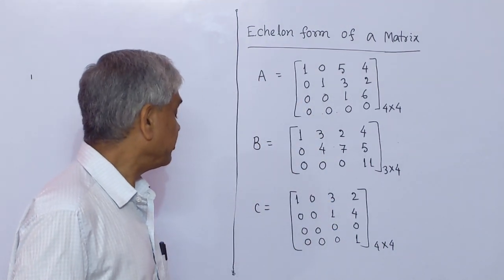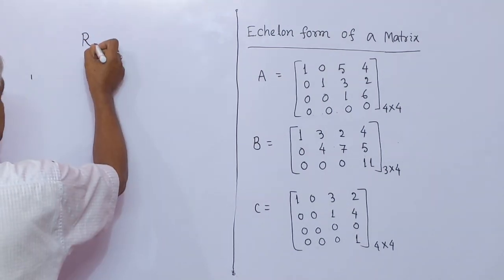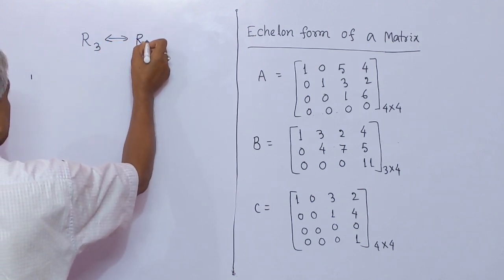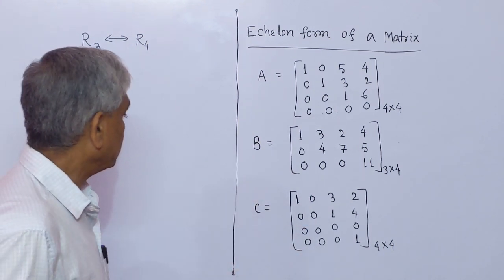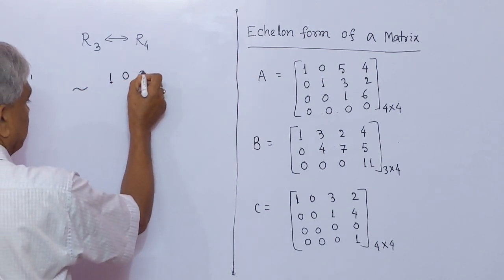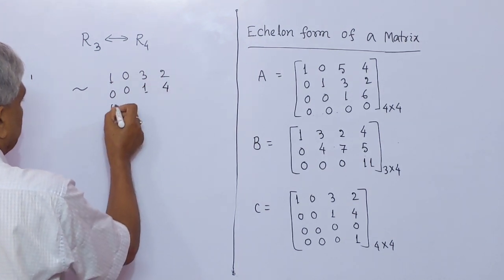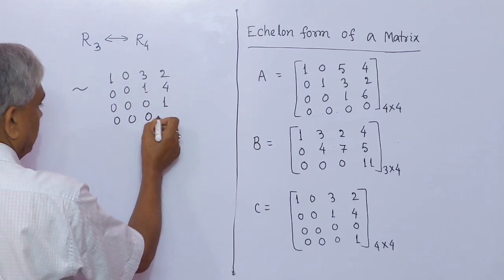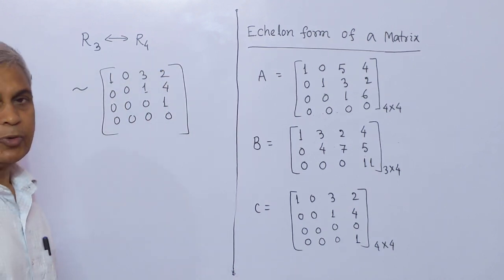To make it echelon form, we need to use the elementary transformation R3 interchange R4, meaning interchanging the third row and fourth row, and it will be of the form 1 0 3 2, 0 0 1 4, 0 0 0 1, 0 0 0 0. This is in echelon form.